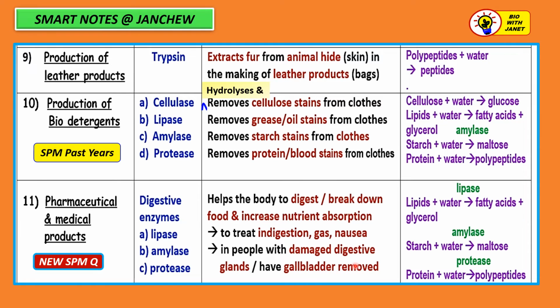Those who have had the gallbladder removed will have very little bile, which is used to break up the lipids into droplets before digestion. So they will need enzymes to help to effectively digest certain types of food. For example, lipase.